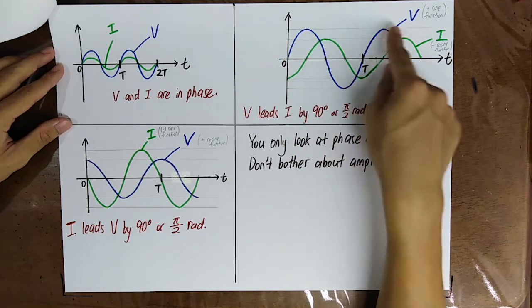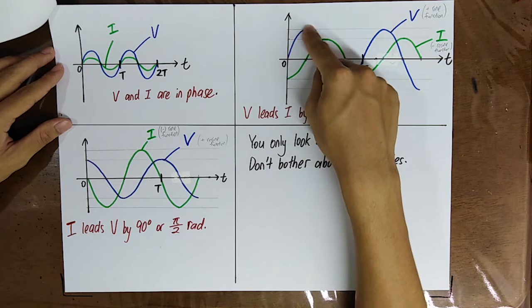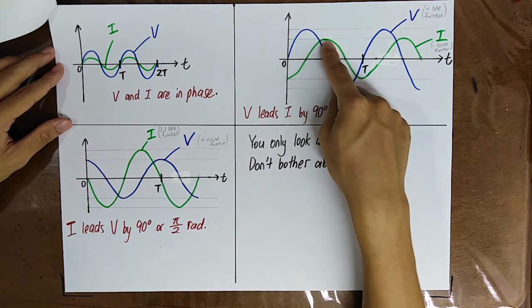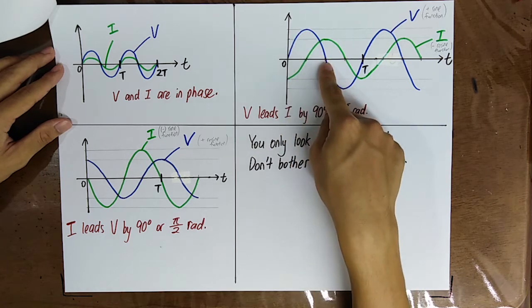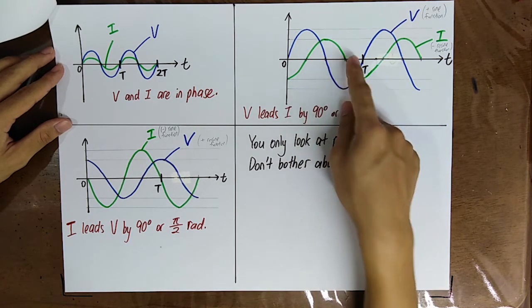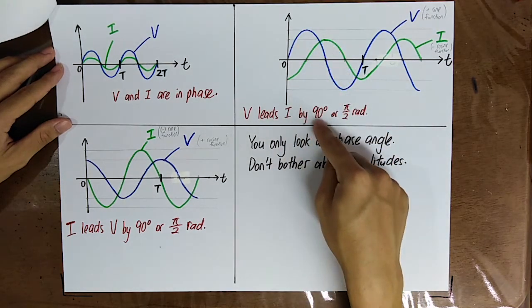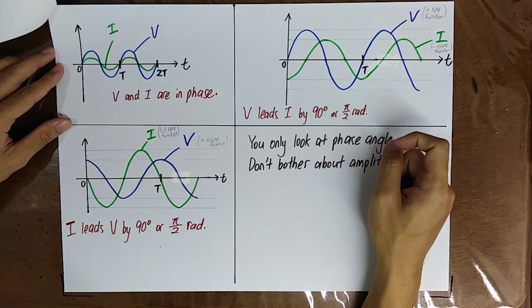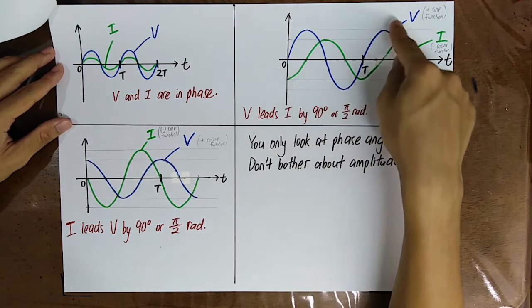Okay, for this, the V reaches the peak value before the I. The V reaches 0 before I. So you know that V leads I by 90 degrees or pi over 2 radian. In fact, this is the positive sine function.